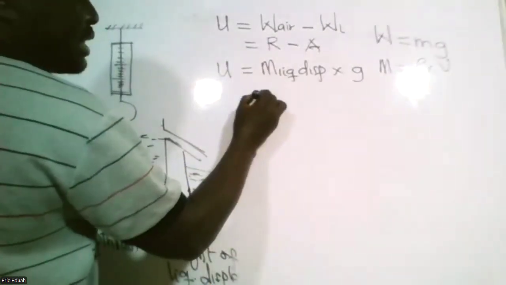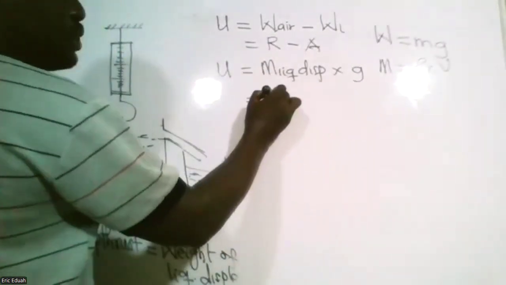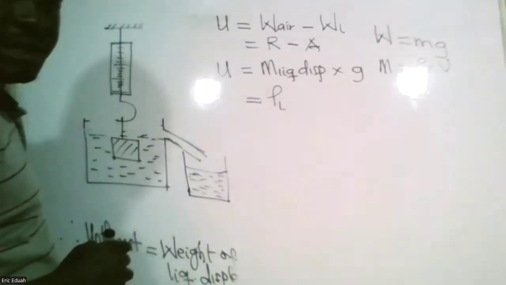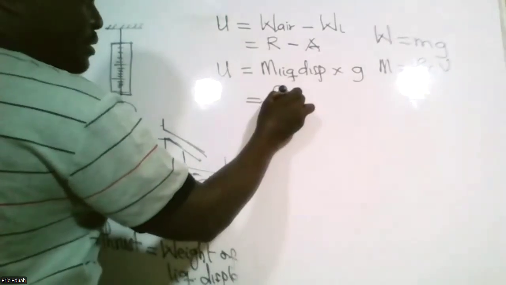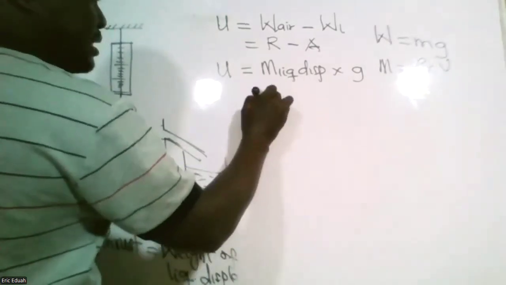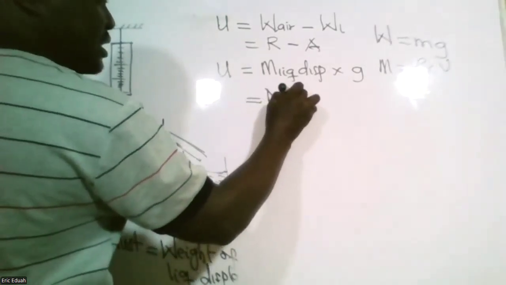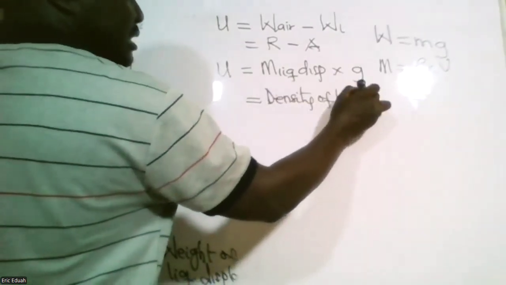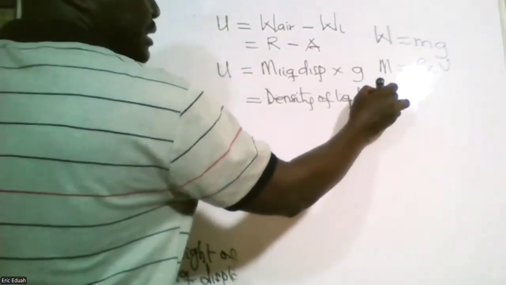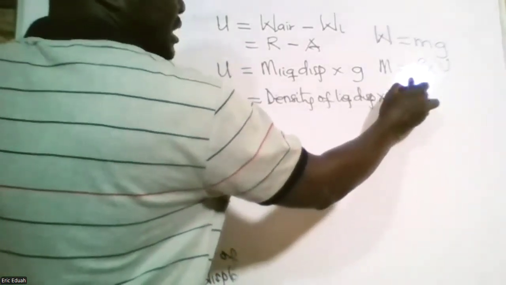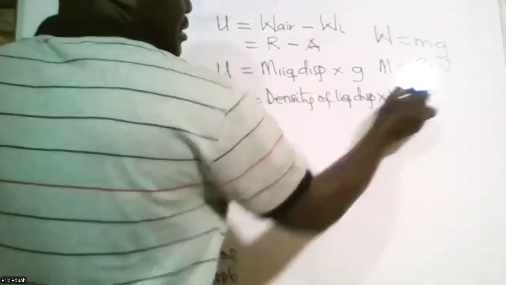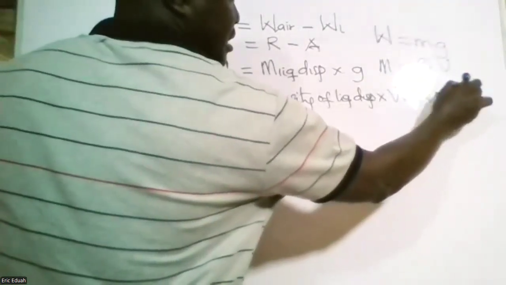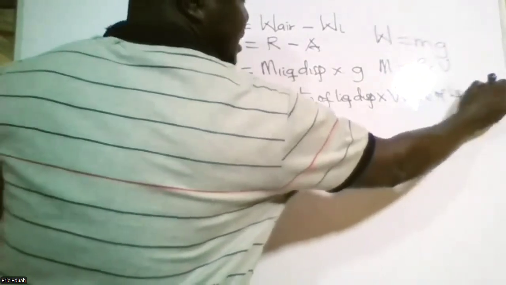And so upthrust is equal to density of liquid displaced times volume of liquid displaced times gravity.